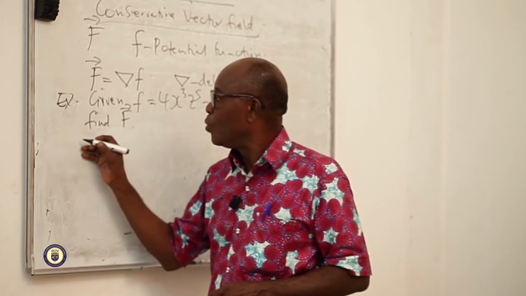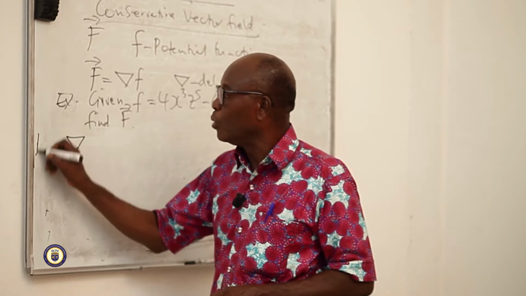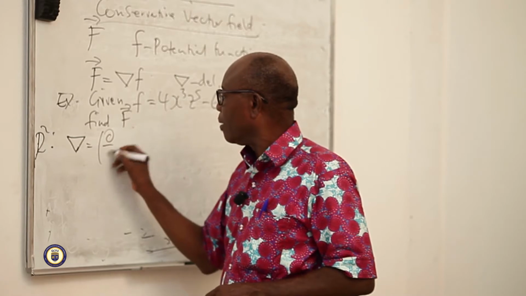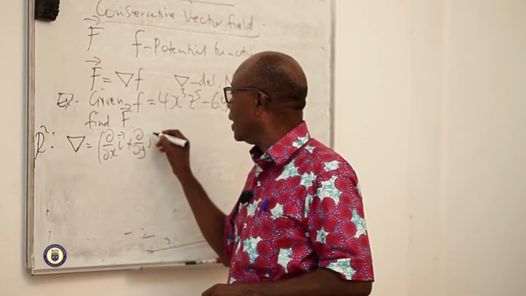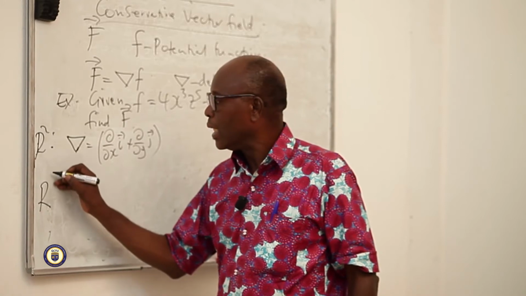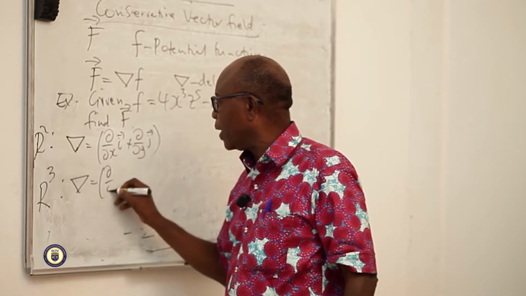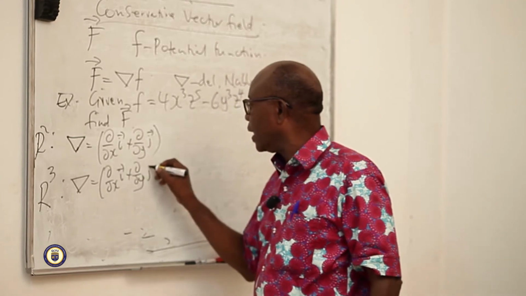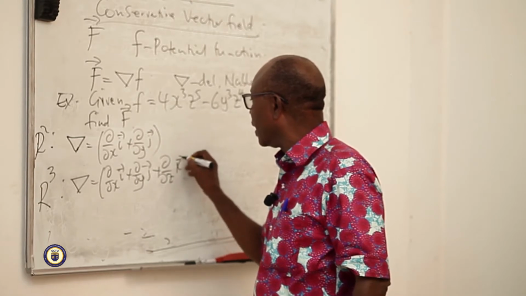To do that, we need to define the nabla, which is the del. Del for two dimensions is defined as partial x in the i direction plus partial y in the j direction. And when you are using three dimensions, then the del is defined as partial x i plus partial y j plus partial z in the k direction.